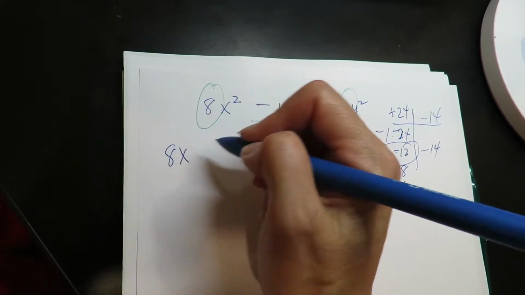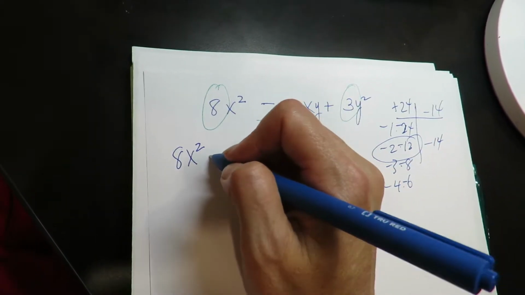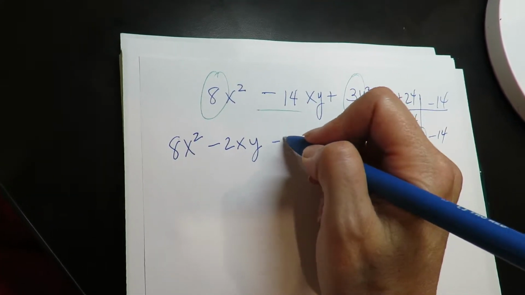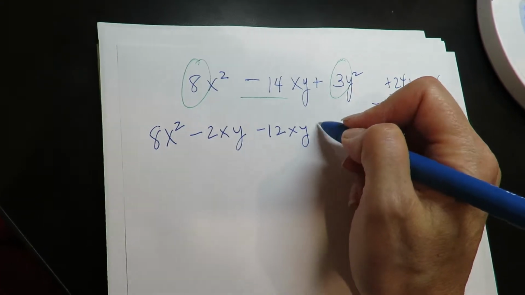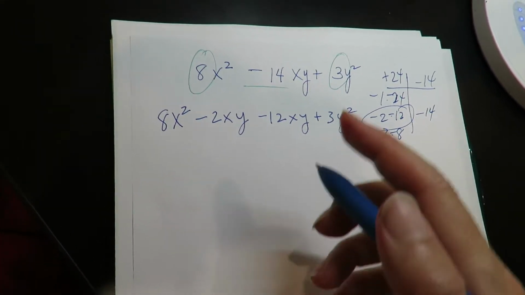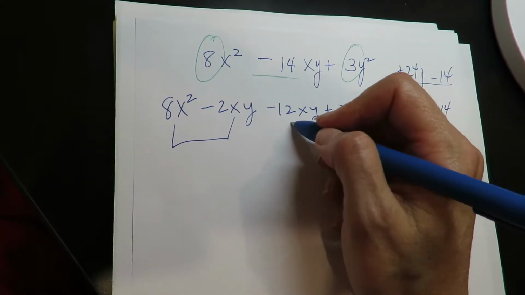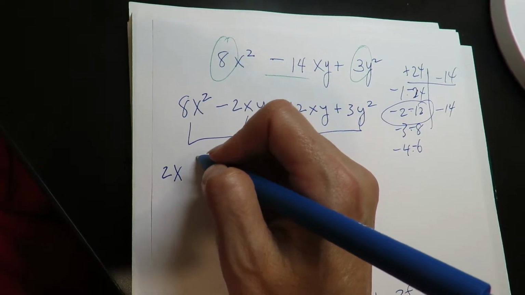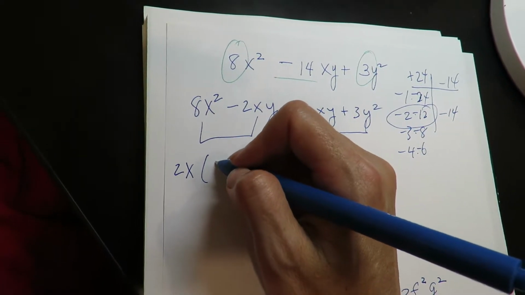Alright, I'm going to break the middle term. Order doesn't matter. Alright, now I'm going to do factor by grouping. 2x on the front one.